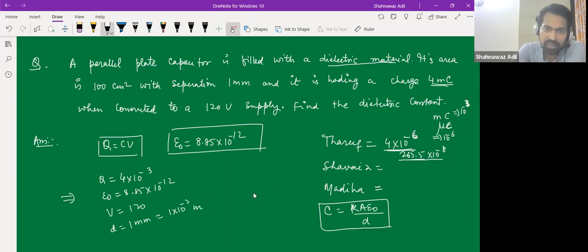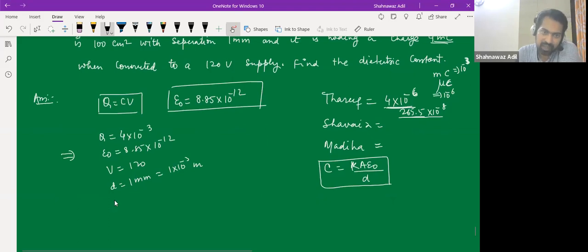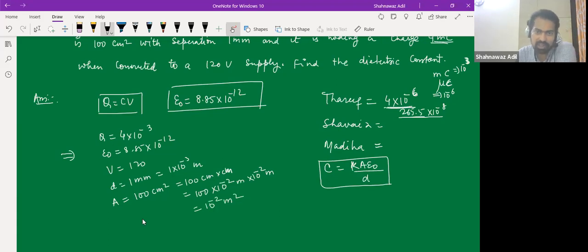Area is given, which is 100 centimeter square. So 100 into 10 to the power minus 2 meter into 10 to the power minus 2. This part cancels and we have 10 to the power minus 2 meter square, right?